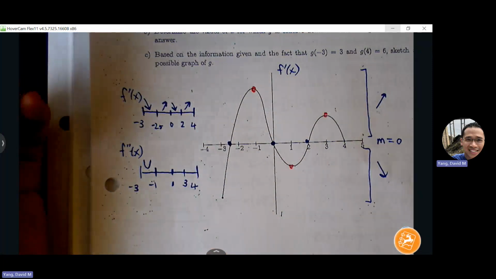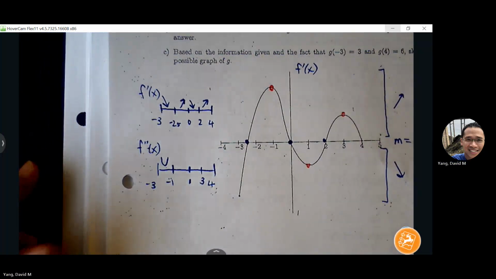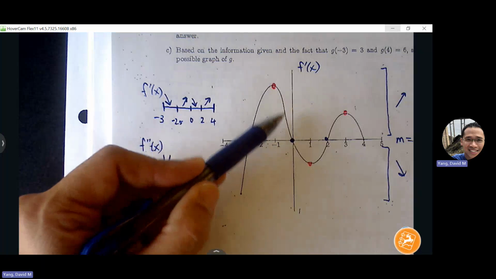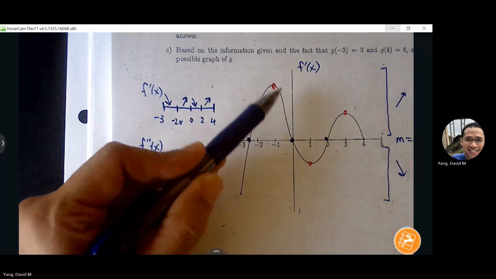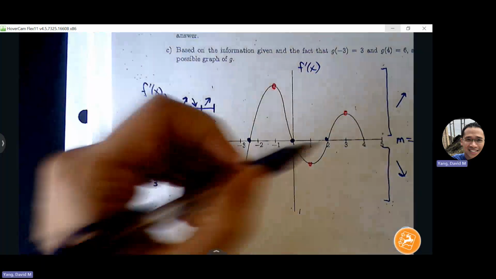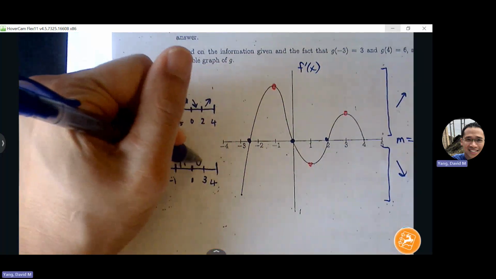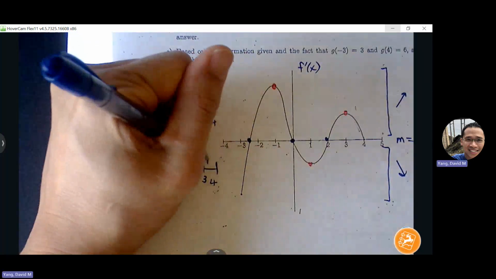We can do that if it's the original graph, but this is the F prime graph, so everything is defined differently. A negative slope on the F prime graph means concave down. And it's going to keep alternating, right? Positive slope, concave up, negative slope, concave down.